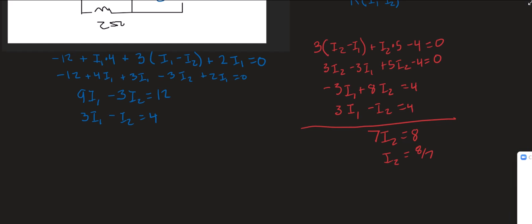Then I have yucky numbers, which is 1.14, and 3I1 minus 1.14 equals 4, and I may or may not get that I1 equals 1.71. That's what I got.